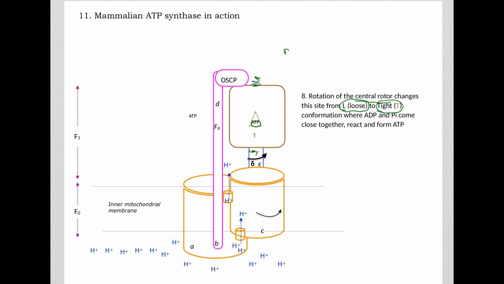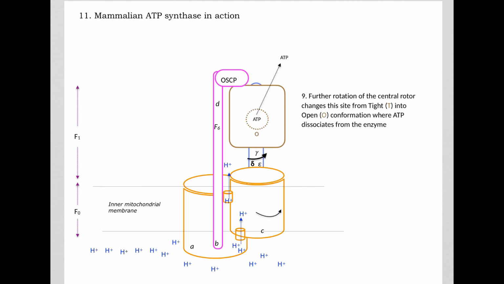So remember, ADP is negatively charged and so is Pi. To bring this ADP and Pi close to one another only happens in this T conformation, tight conformation, where these two are brought very close to one another and then they are forced to react to form ATP. So ATP is formed in the T conformation.